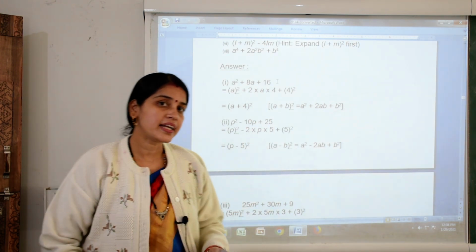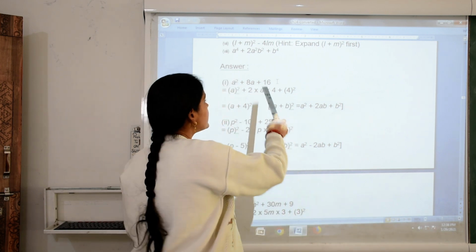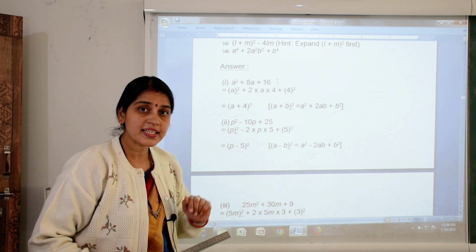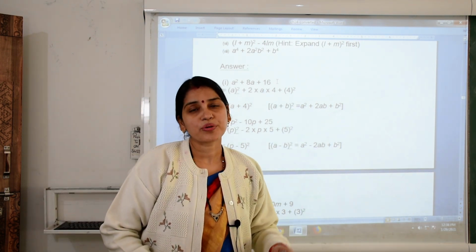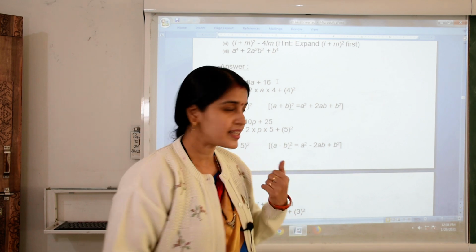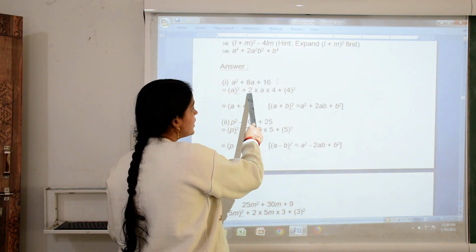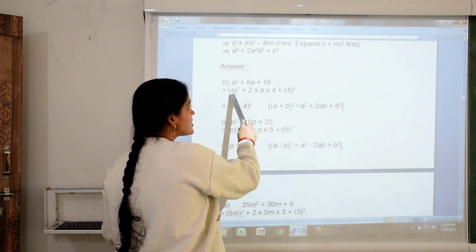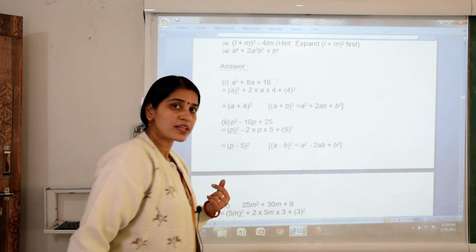Now how can we identify b? We have to see the square root of this number. Here the number is 16. So the square root of 16 is 4, because 4 fours are 16. So in the middle it comes 2ab. So a is a here and b is 4.